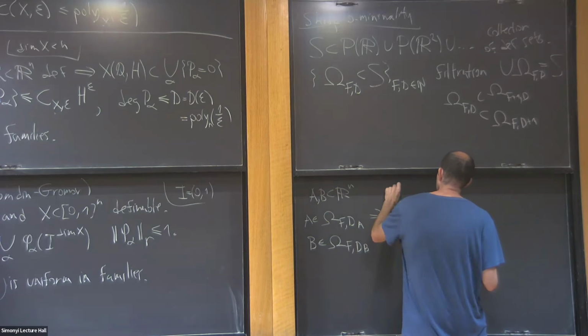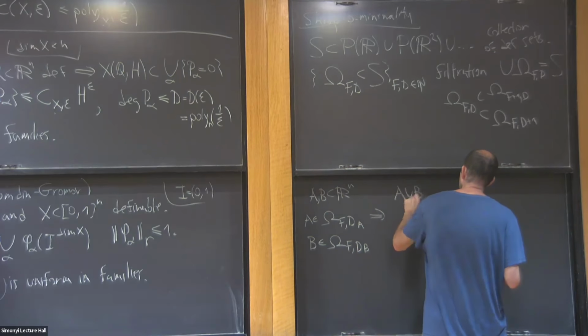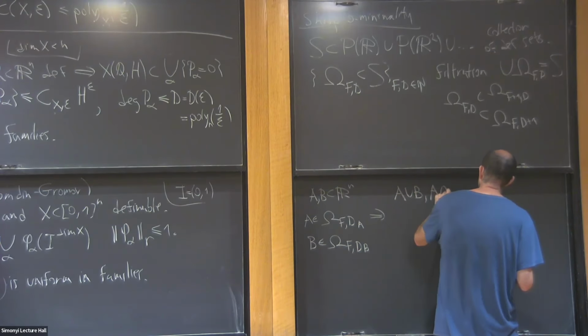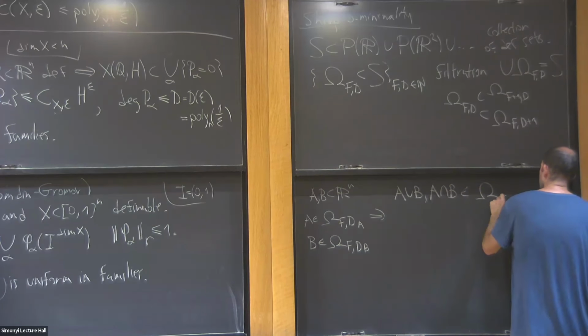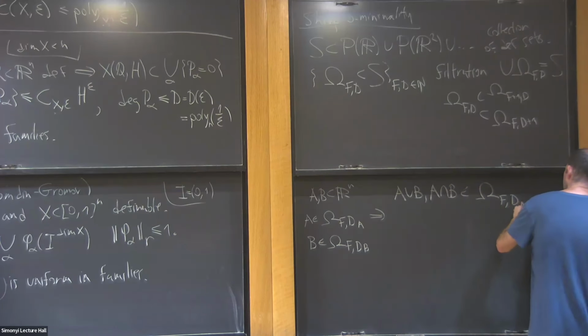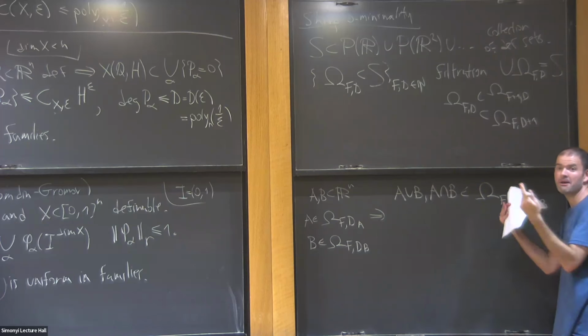Then I'm going to say that A union B and A intersection B are going to be in Omega_{f,d_A+d_B}. Okay, so when you intersect or take unions, you sum up the degrees.